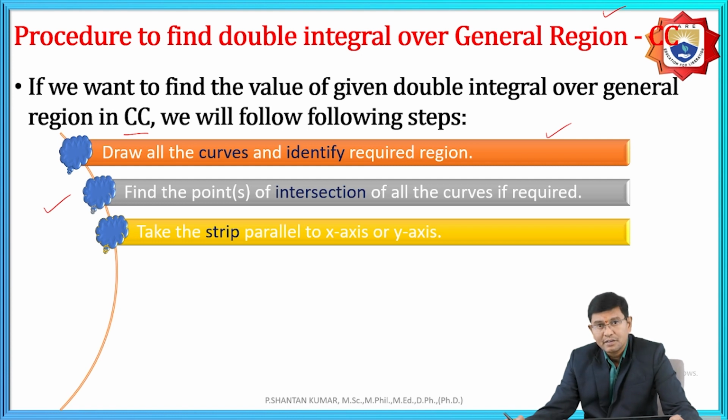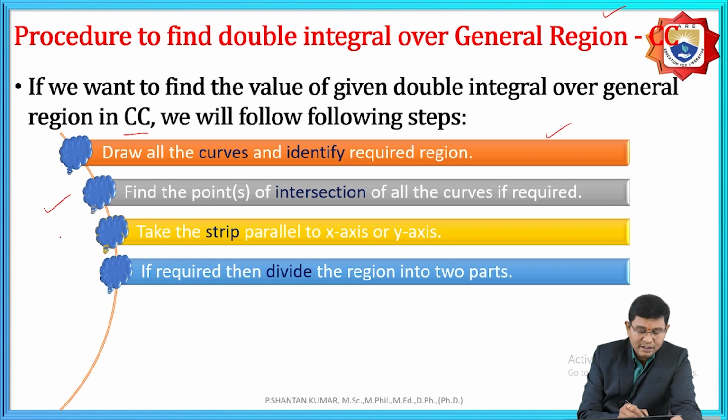After drawing the diagram and finding the points, we need to take the strip either parallel to the x-axis or parallel to the y-axis. We will discuss in the next slides what parallel to the x-axis means and how to draw the diagram, and similarly for the y-axis.